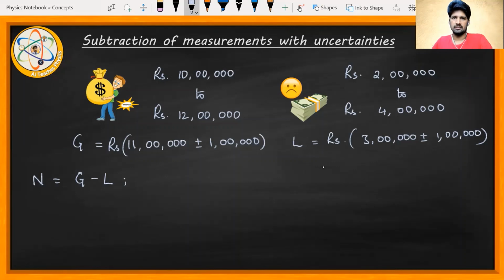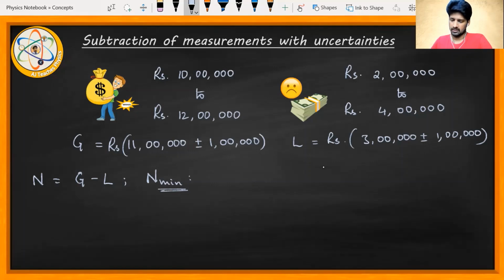Let us first calculate the minimum net amount that we can pocket. Now go ahead and try to calculate it yourself as to what would be the least possible amount that you can win if your ticket is chosen.